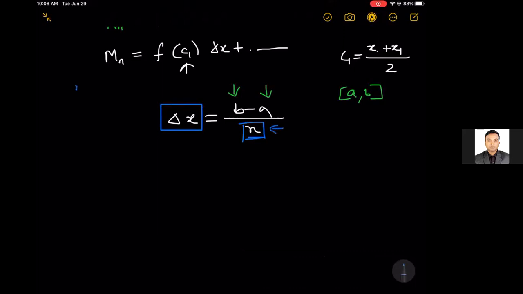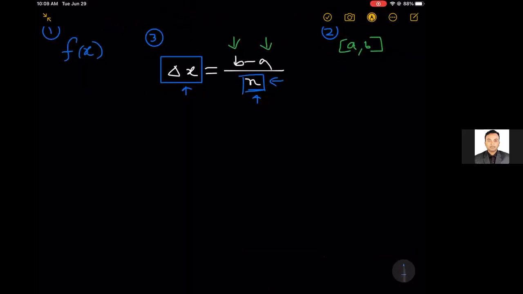You'll be given a function. That's the first thing. Second thing will be the interval. Third thing will be either of this. You'll be given 3 pieces of information, and from this, you'll be asked to find the Riemann sum, either the left one, the right one, or it could be both, or even the midpoint.